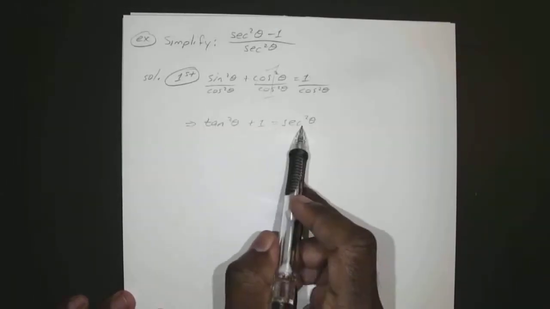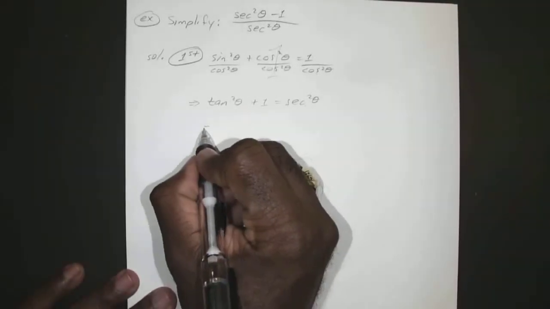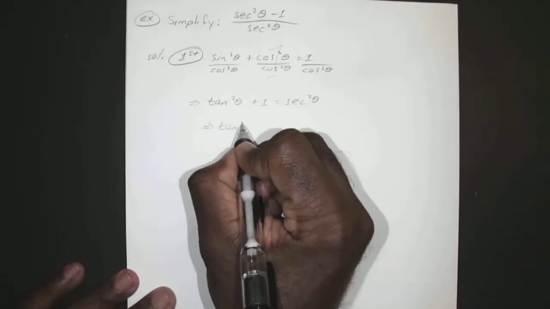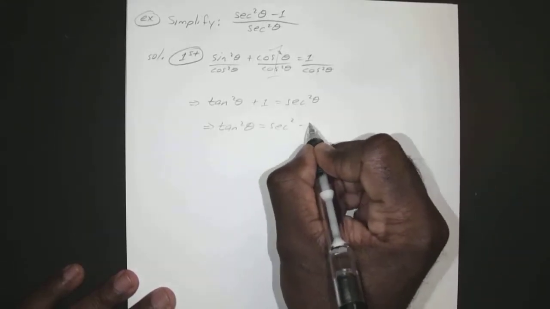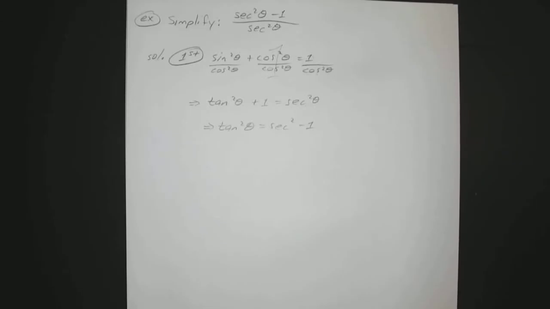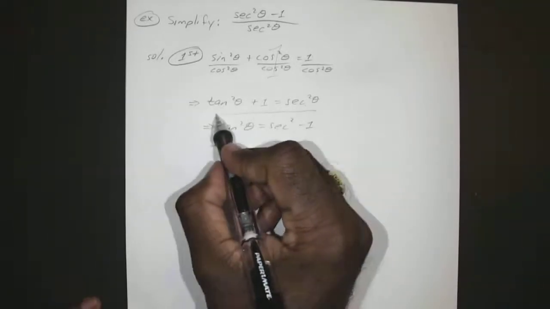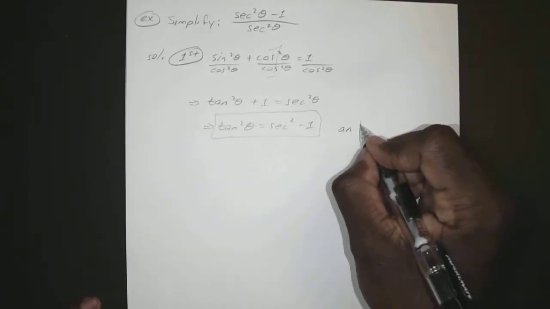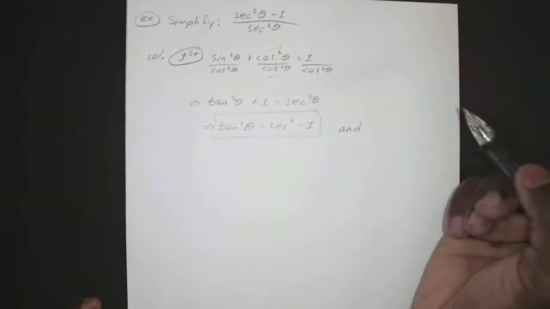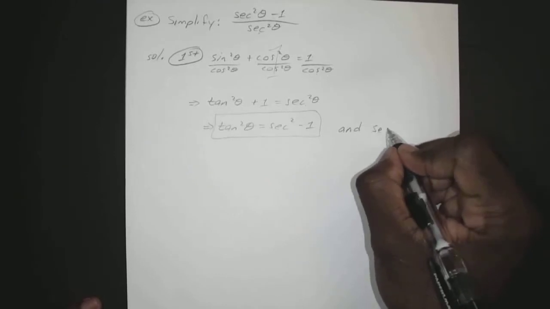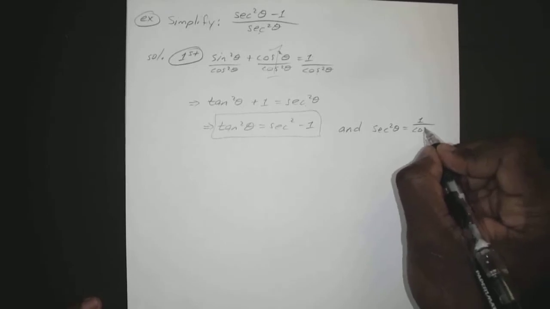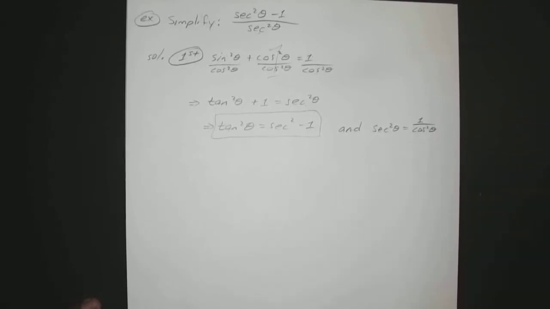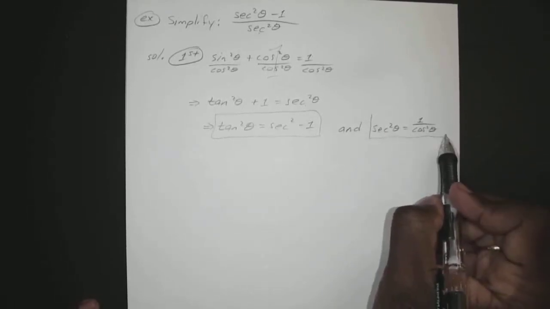If we subtract 1 from both sides, that gives us tangent squared equals secant squared minus 1. Also, secant squared in the denominator is equal to 1 over cosine squared. We're going to use those two.